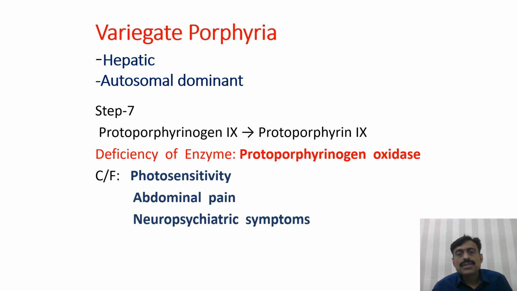If this enzyme is deficient, protoporphyrinogen 9 cannot be converted into protoporphyrin 9. That leads to variegate porphyria, a hepatic and autosomal dominant condition. The clinical features are photosensitivity, abdominal pain, and neuropsychiatric symptoms.